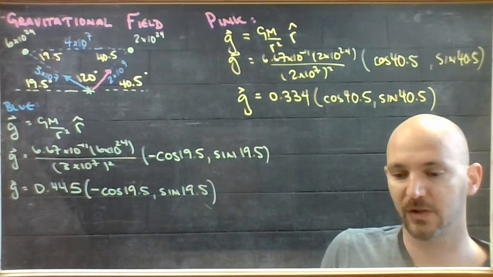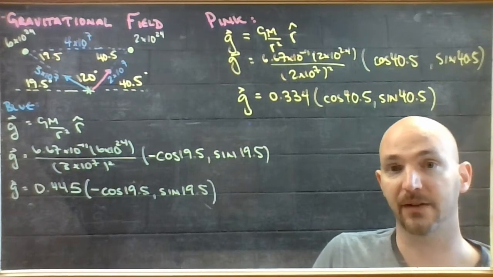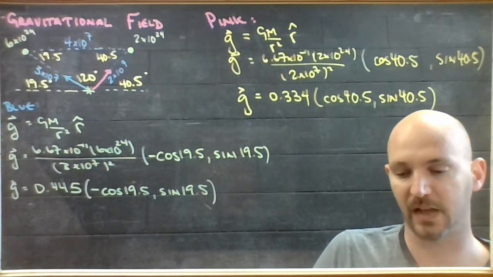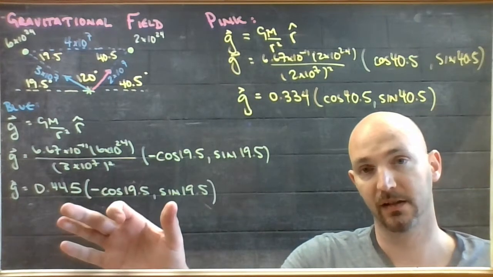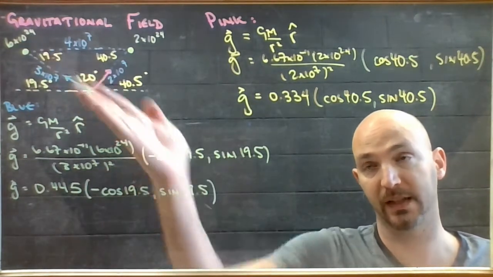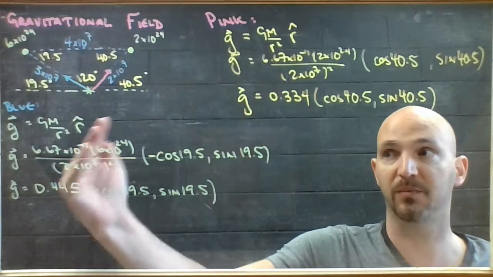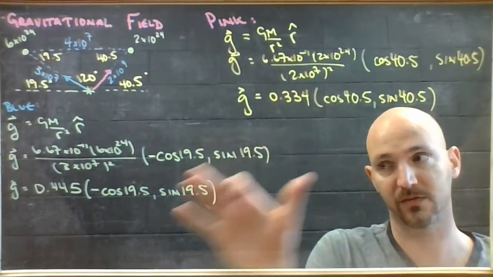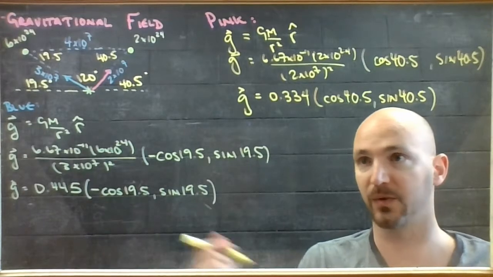Okay, so if I'm going to do my net force then, or sorry, my net gravitational field, I have to take this field pointing this way and this field pointing that way, and I have to add them like vectors. So I'm going to transcribe this down here so I have some room.